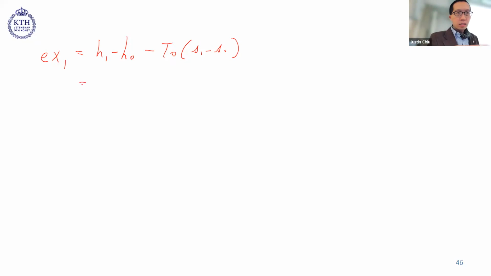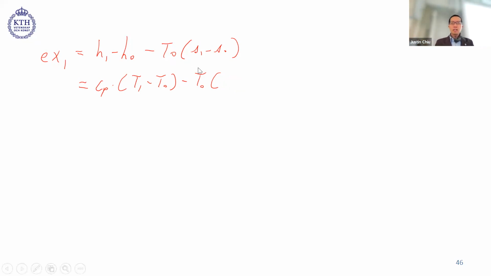And then what is delta H? Delta H is Cp delta T. So we have Cp (T1 minus T0), the ambient temperature, and then here, I think we can develop this directly.